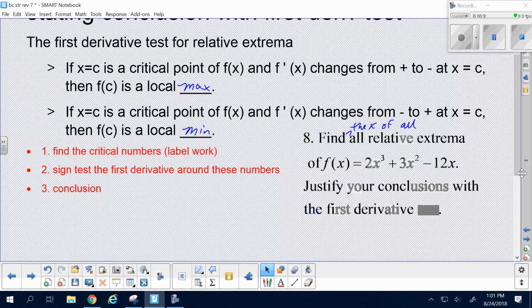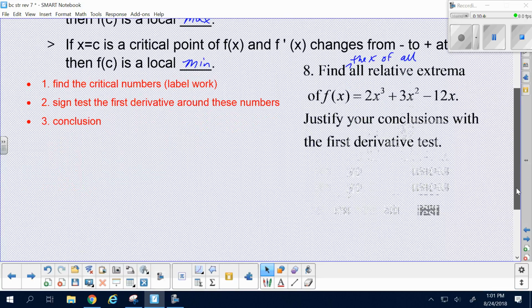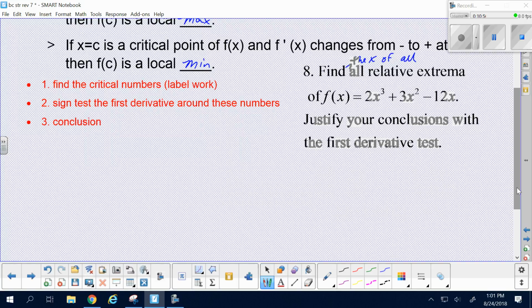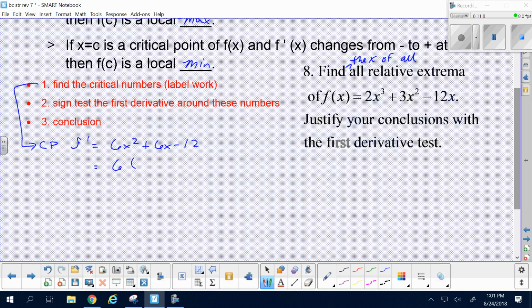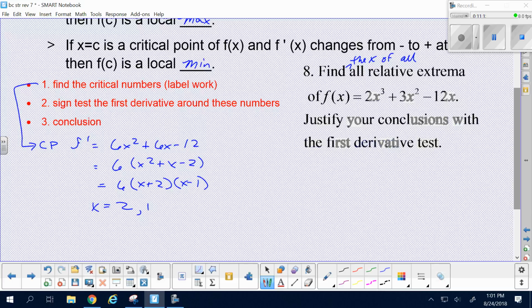But do the sign test for the practice. Ready?